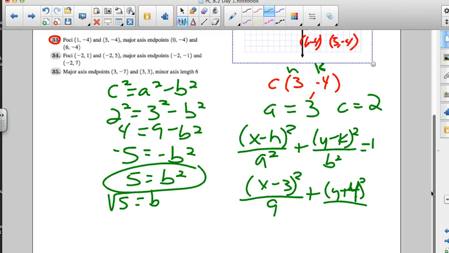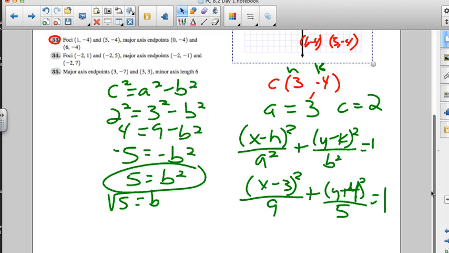We needed to know b squared. So there goes our 5. And there it is. So now we have an ellipse centered at (3, -4), and we have our value for a at 3 and our value for b at the square root of 5, because a squared is 9 and b squared is 5. So that one is set.